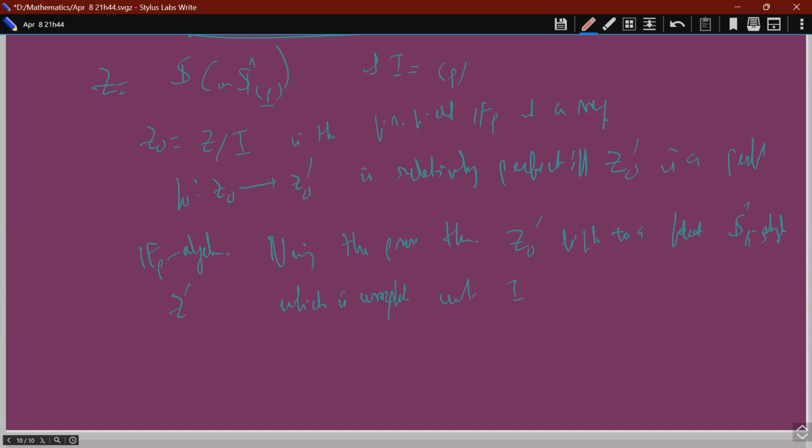And for which, right? So that's more good. Right. So this gives us the spherical Witt vector construction.